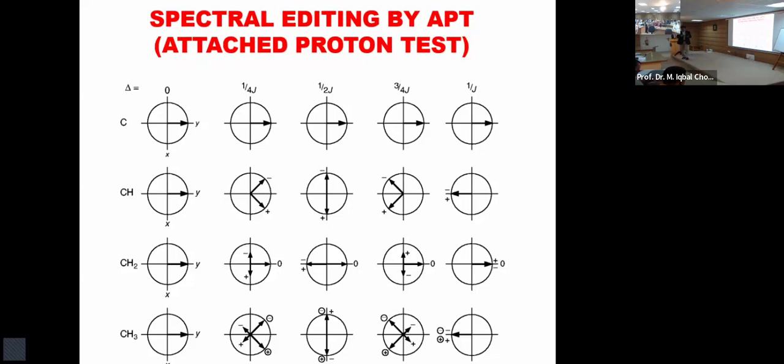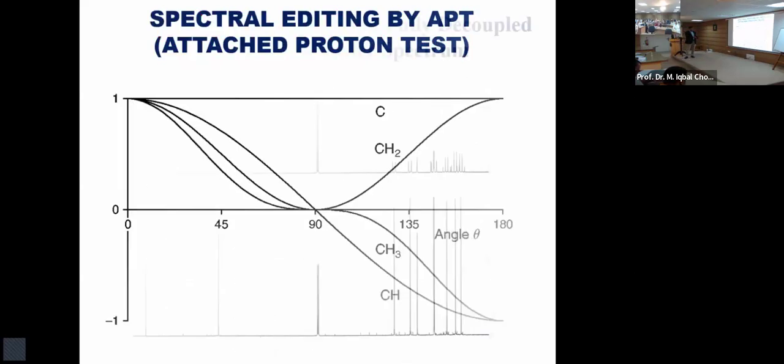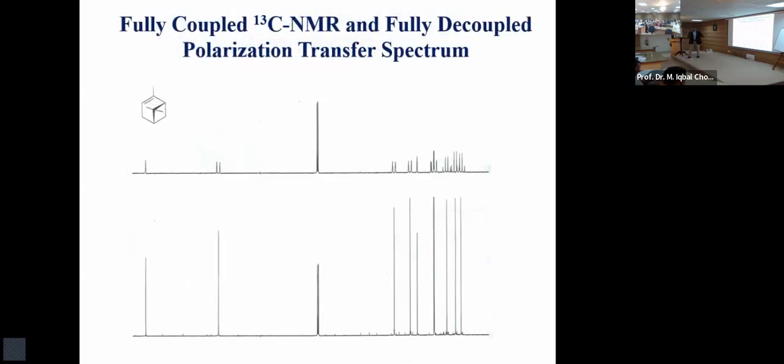Now your spectrum: CH3 down, CH down, CH2 up, and quaternary up.